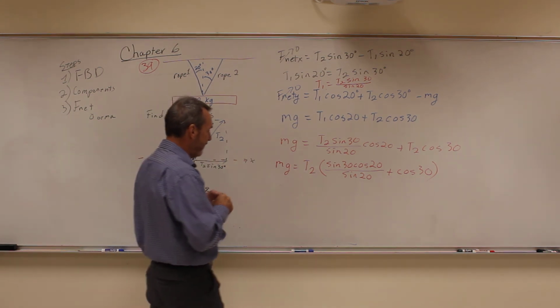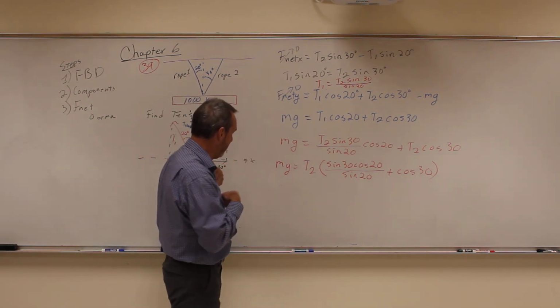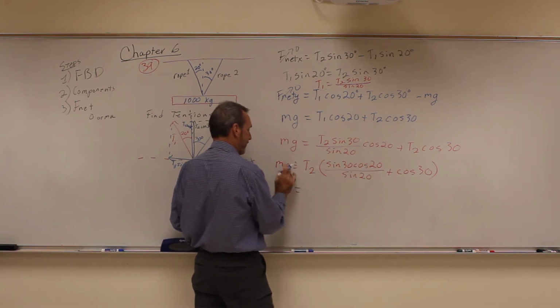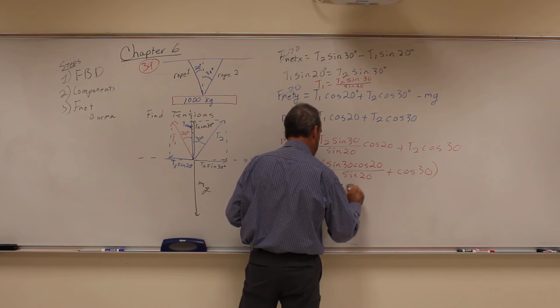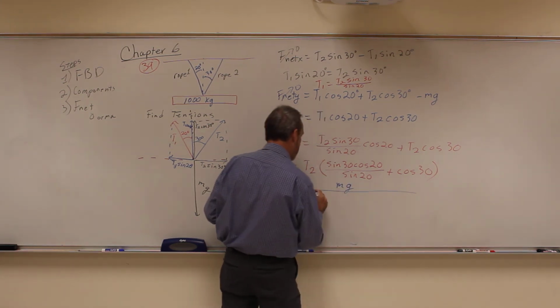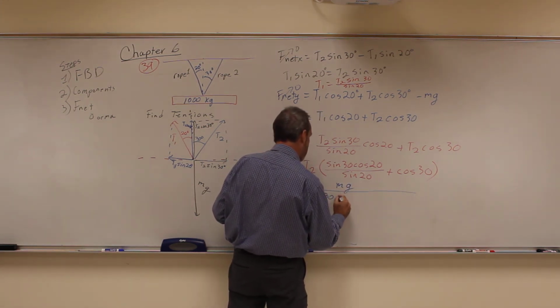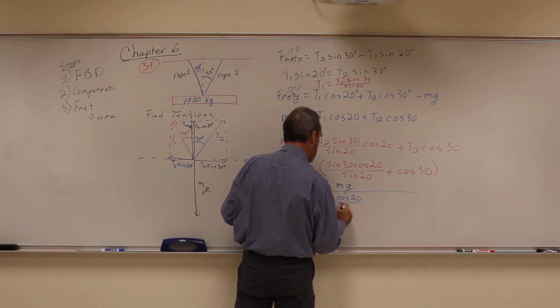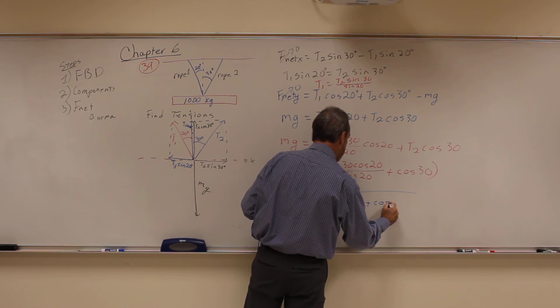And then to solve it for T2, I'm just going to divide by that. So T2 is going to be equal to mg over sine of 30 cosine 20 over the sine of 20 plus the cosine of 30.